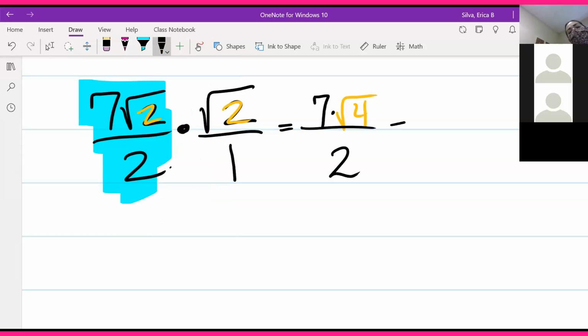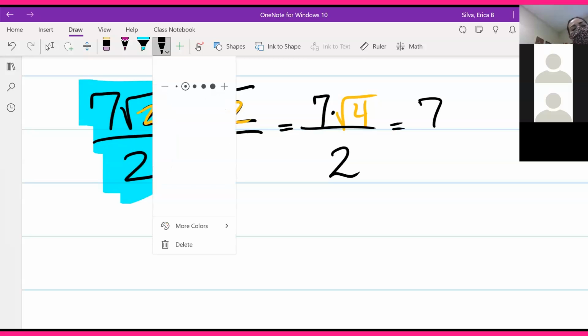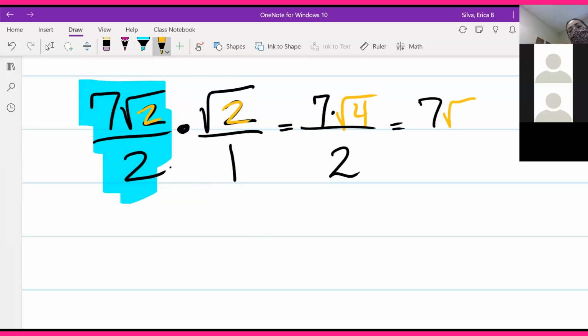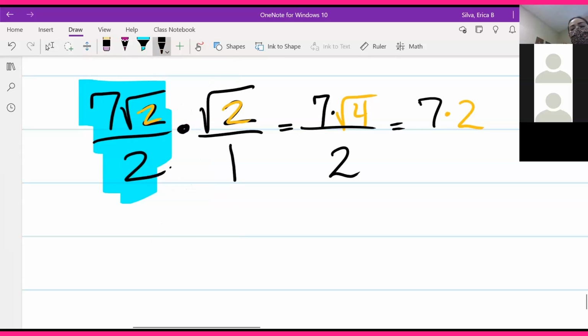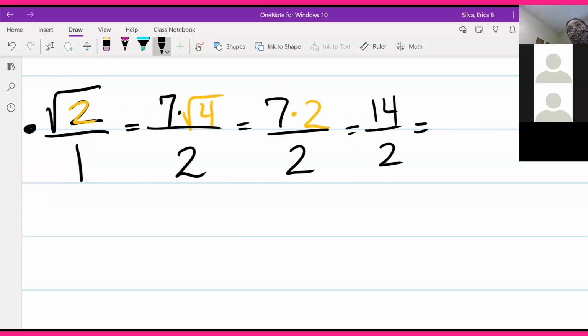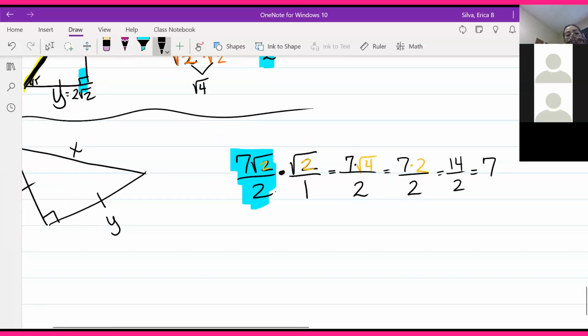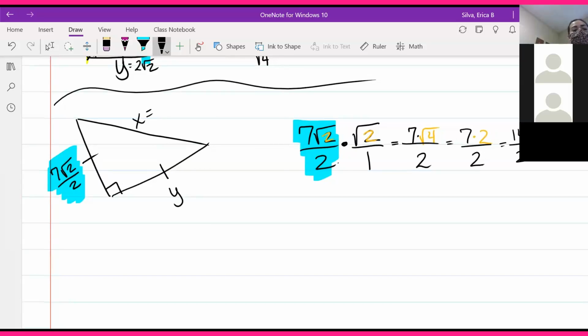And what is the square root of 4? 2. Oopsie, without the square root. Divide that by 2. That gives us 14 divided by 2. And what's 14 divided by 2? 7. So this side is equal to 7.